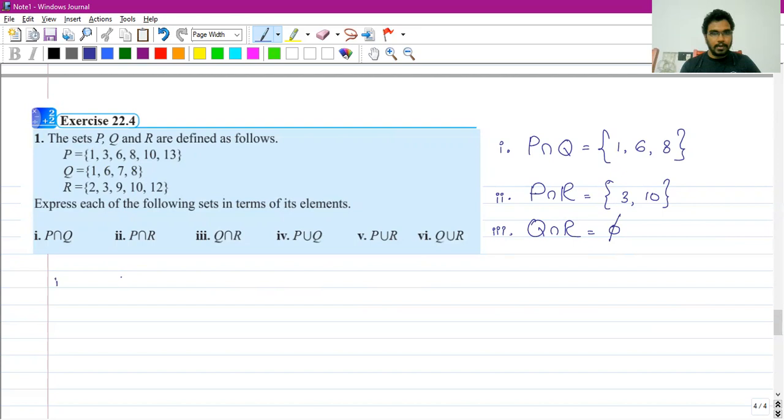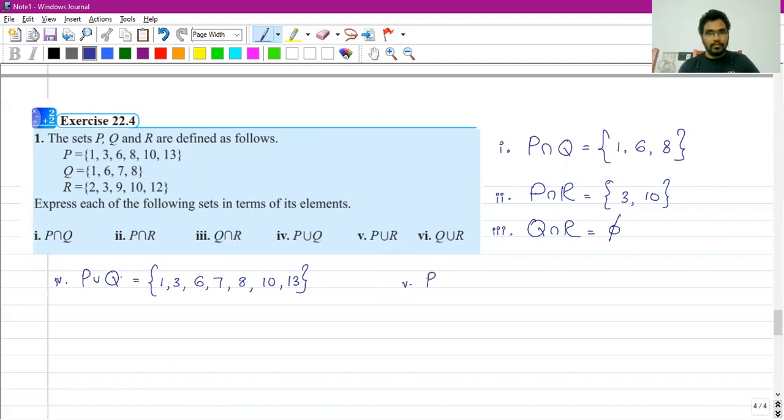Next, the fourth part, P union Q. P union Q means all the elements in P and Q. So we can see 1, 3, 6, 7, 8, 10, 13. That means all these elements and all these elements are in this P union Q set.